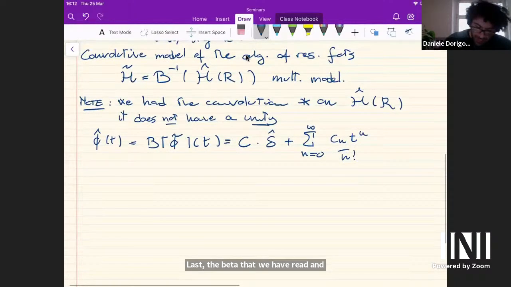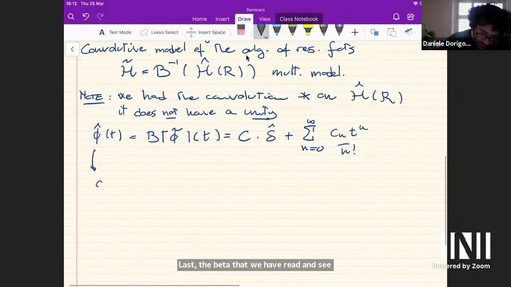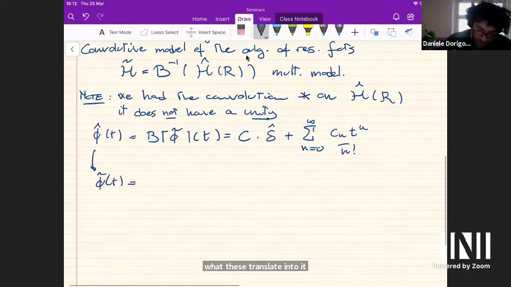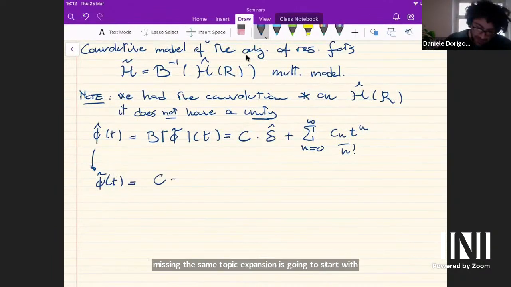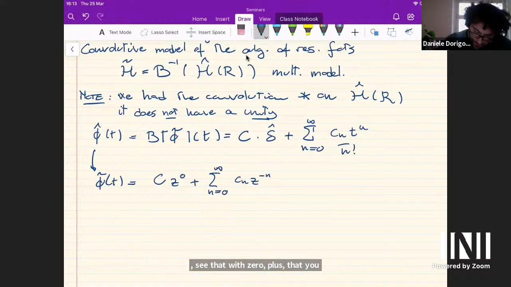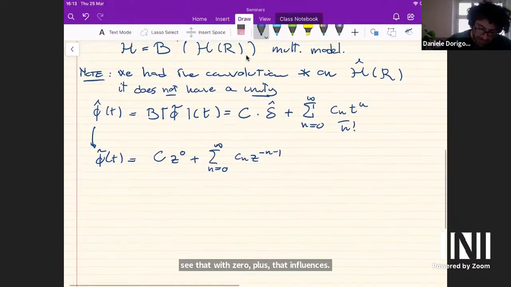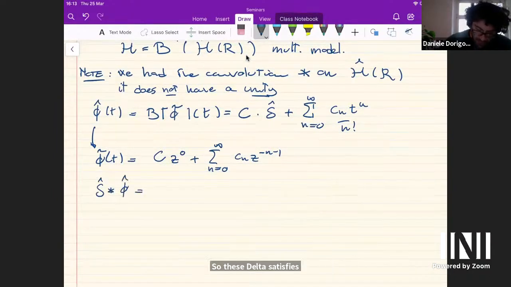What this translates into is the term that we were missing. The asymptotic expansion is going to start with C z to the 0 plus the infinite series. So this delta satisfies, as the name suggests, that it's the unity for the convolution.